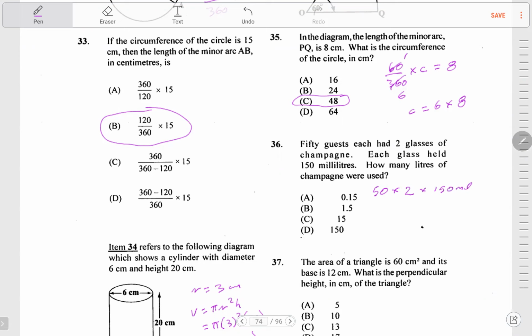So that's 50 guests times 2, which is 100, times 150 milliliters. That's 15,000 milliliters. To get liters, we divide by 1,000. So that's 15 liters. So the answer is this one, 15 liters. All right. That is that.